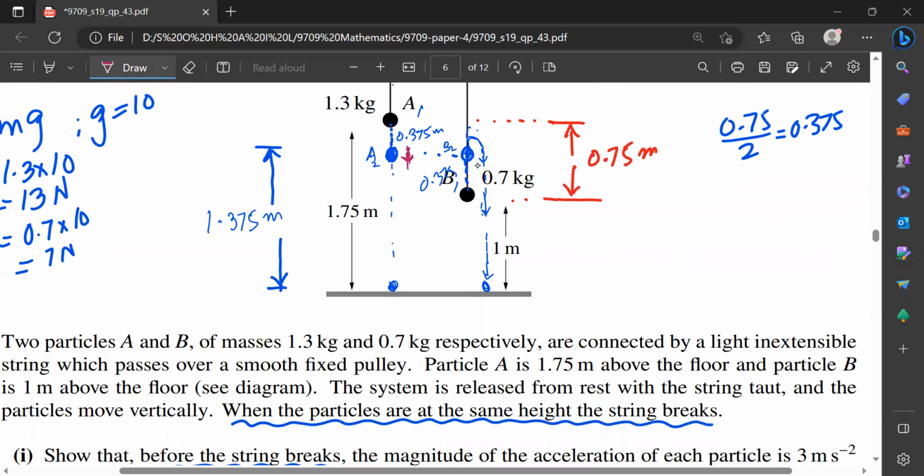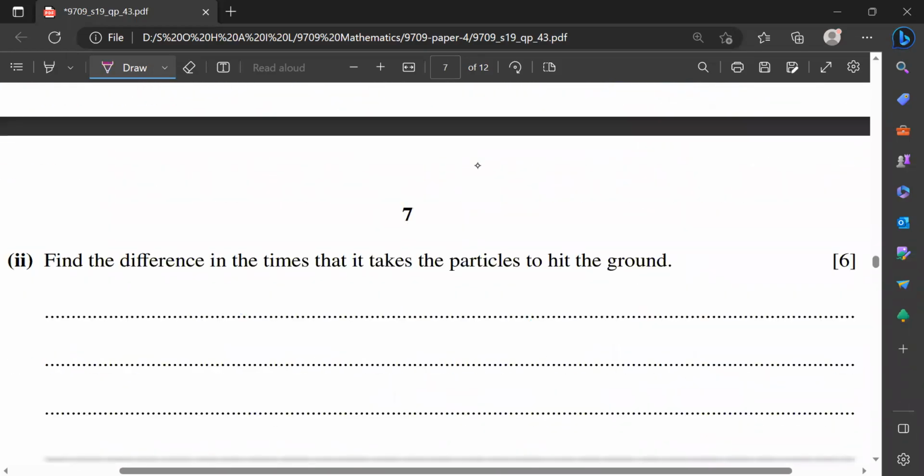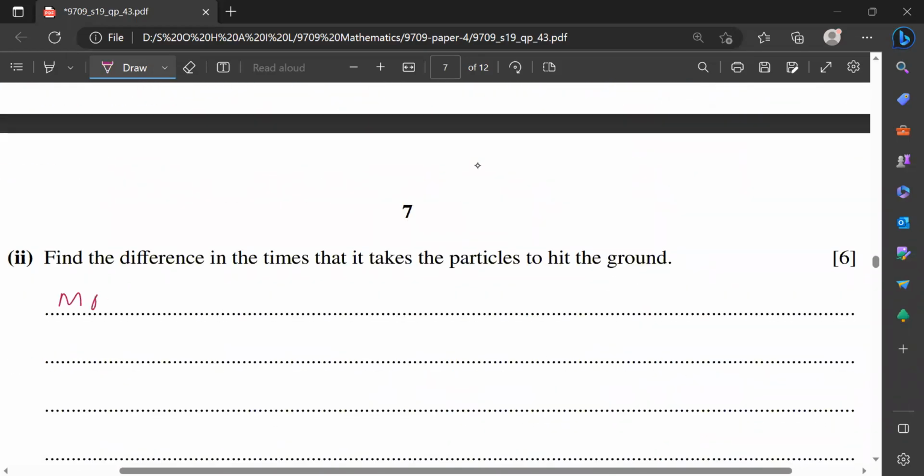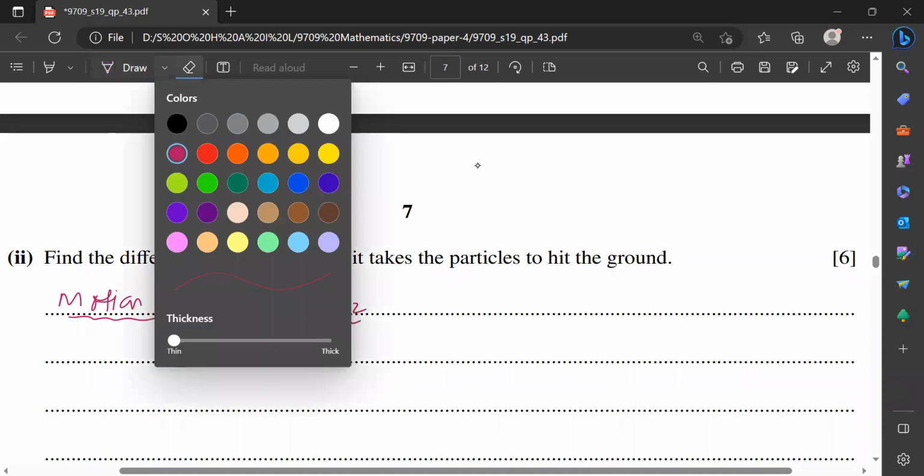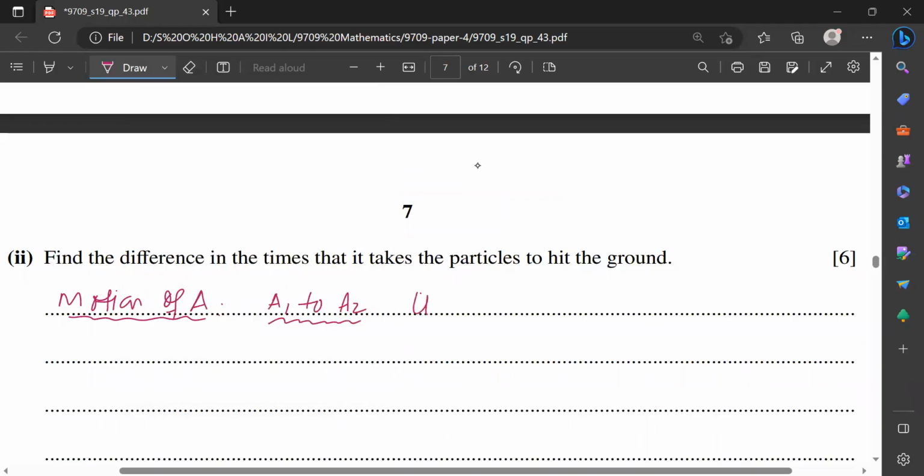Initially the particle is at rest. So I'm going to discuss the motion of A, from A1 to A2. Remember, from A1 to A2, initially it was at rest. Both particles are released from rest. So u equals 0.